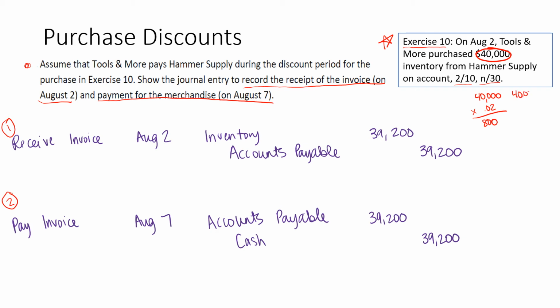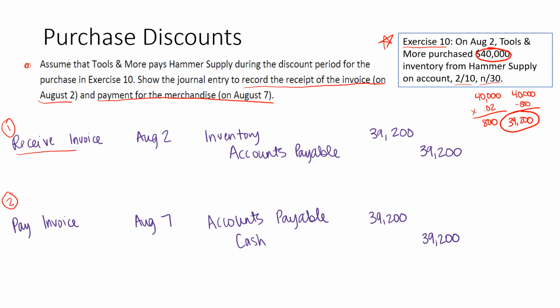And then subtract the amount of the discount from that total inventory price to give us the amount that the company will actually be paying for the inventory. So this is the amount that will be used in the journal entry to record when the invoice was received.